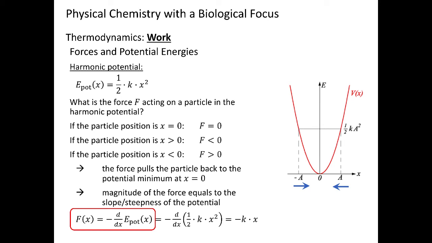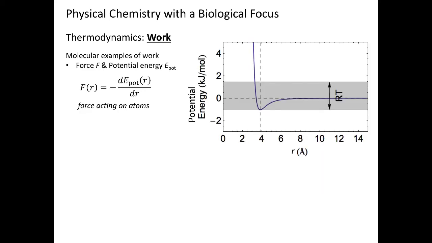What that potential energy looks like depends on the system. In this case, it's a simple harmonic oscillator. In molecules, that's usually more complicated. And this is essentially what we're going to look at now. We're not going to look at forces inside of a molecule, but forces between molecules. We look at this general form of a potential energy curve. We already saw this.